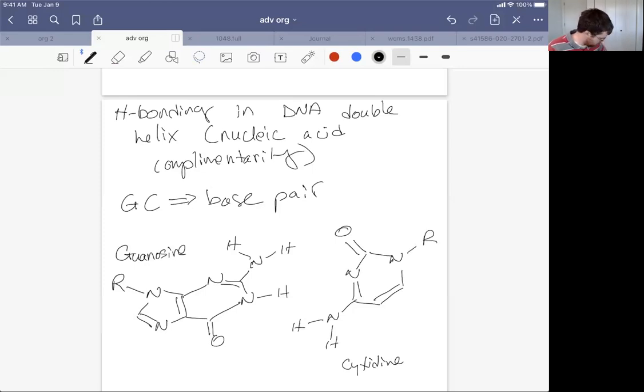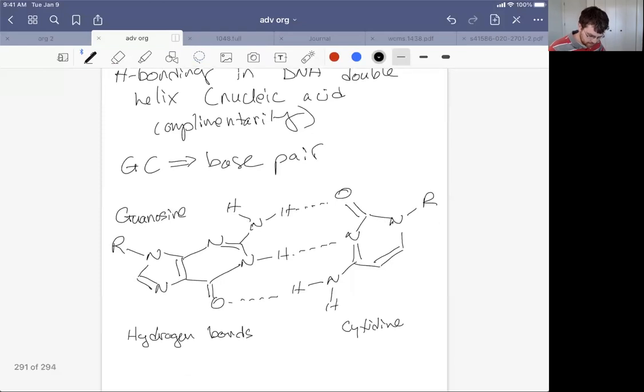Now here's the rest of the chain going this way. Okay, so what we actually get is an opportunity to form hydrogen bonds at 3 positions. Okay, we have the NH2 to the carbonyl, the NH to the N, and then the NH2 to the other carbonyl. And so we have our 3 hydrogen bonds.